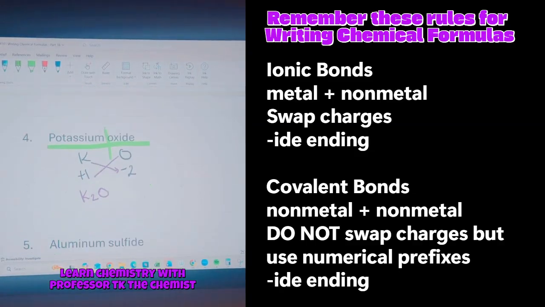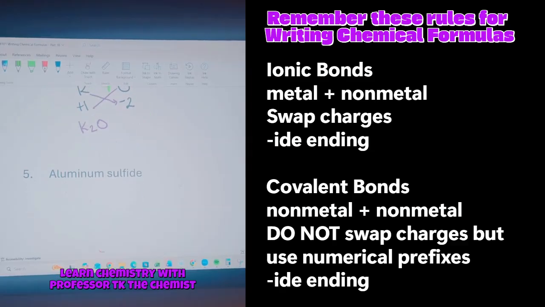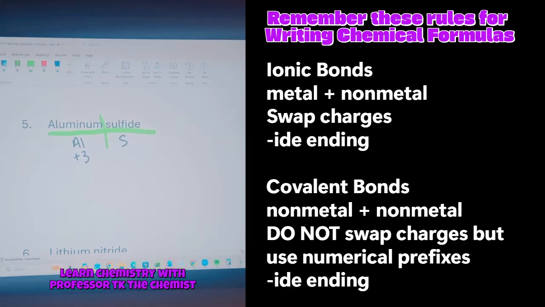All right. So back over here, when I was asking you guys to write the formula out for aluminum sulfide, again, I'm going to assume that you all have a periodic table on standby, but if not, I'm giving you all the charges automatically so that you're able to follow along with me, okay?